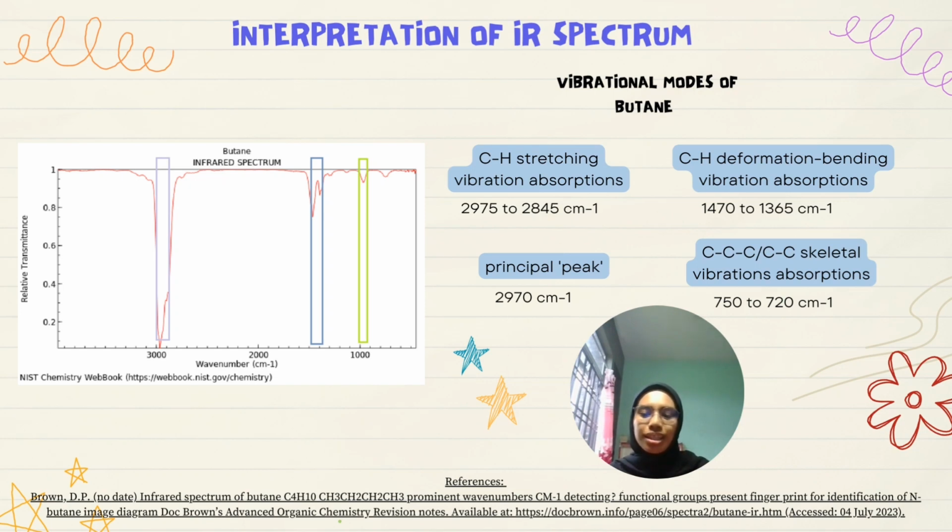And this green box between the wave numbers 750 to 720 just shows that this is the CC bond vibration absorption, which apparently appears in every IR spectrum. So that's all from me.